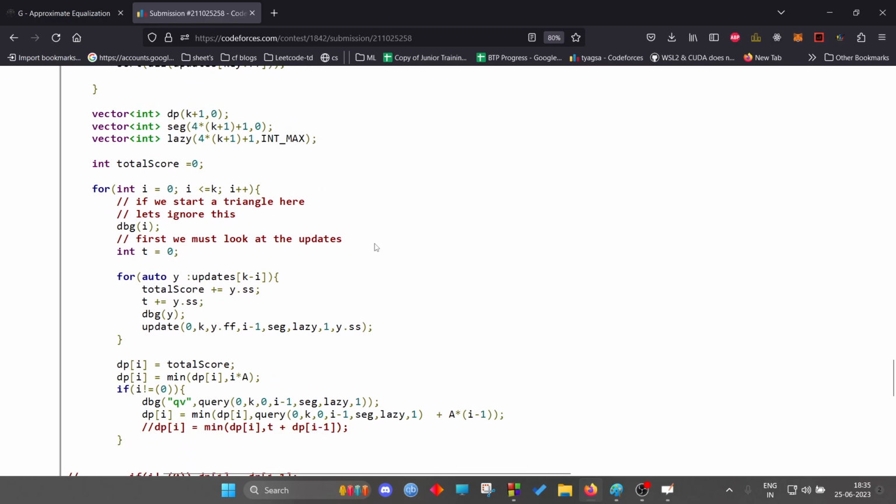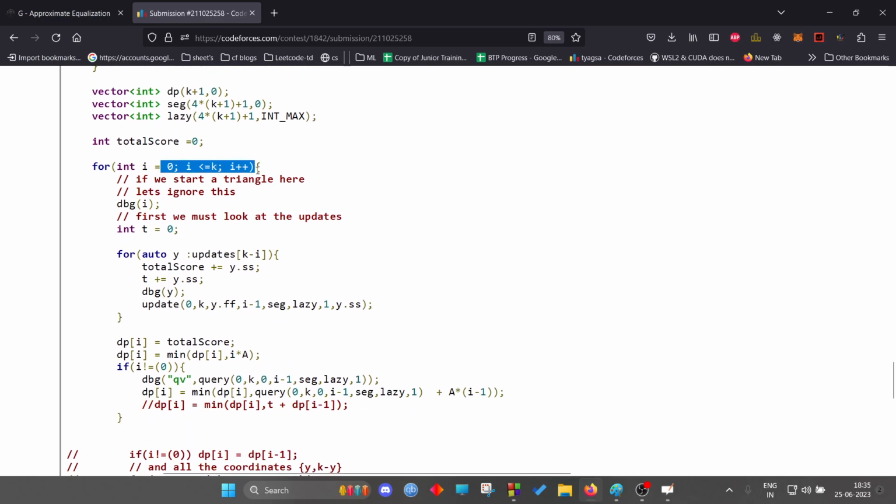So I start from height 0 all the way till height k, and for all the updates in the current x coordinate that I am at, I will propagate those updates from the update height all the way till I minus 1, whatever my index is minus 1, with whatever the update value is.